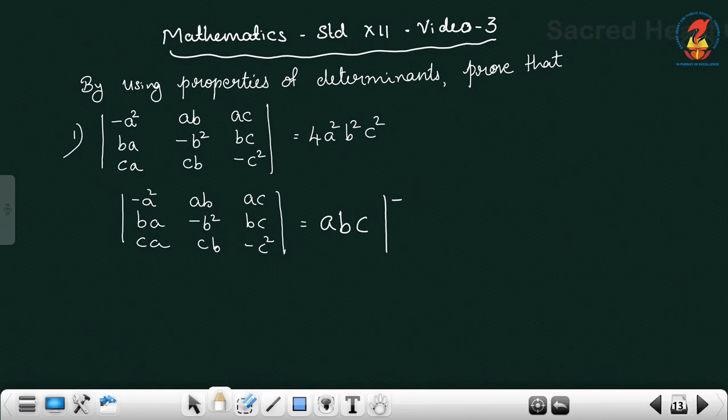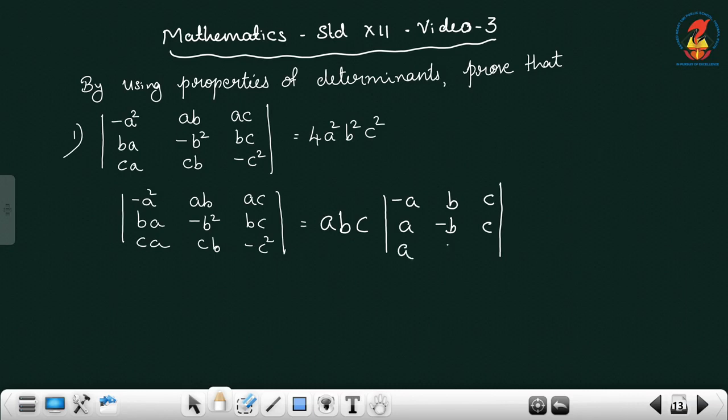So what is left here is -a. Then from ab, b, then ac, c. Then next row, b outside. So a, -b, then c. Now from the last row, c is outside.